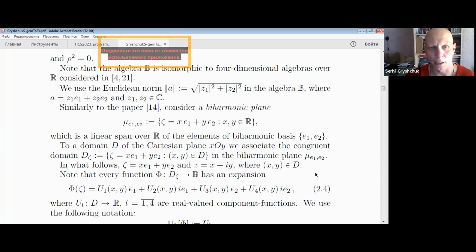To any domain D of the Cartesian plane xy, we associate the congruent domain D sub zeta in the biharmonic plane.